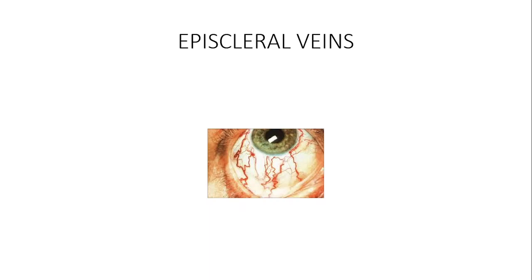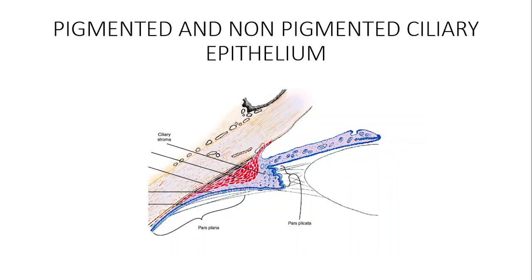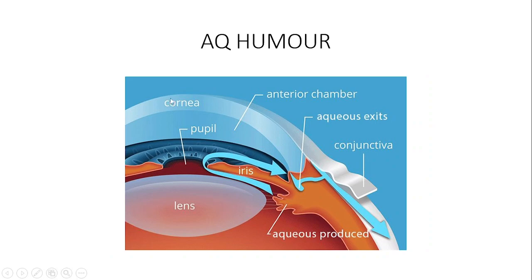So that's the conventional method, and it is pressure dependent. What do I mean by pressure dependent? If the intraocular pressure in the eye is high, then this conventional method increases its outflow. But if the intraocular pressure is low, it decreases its outflow.